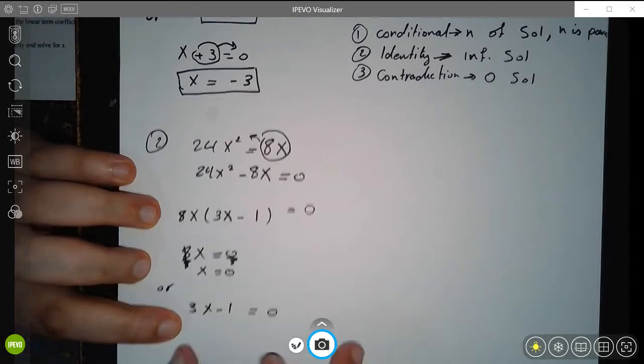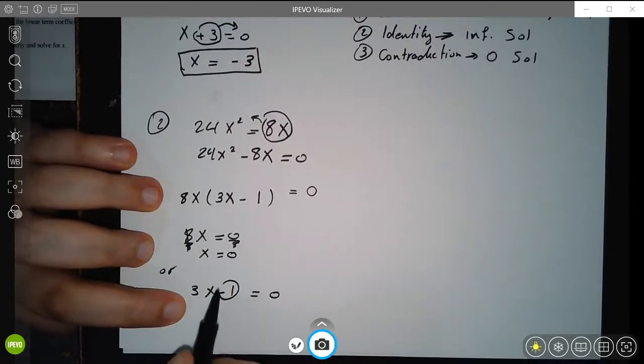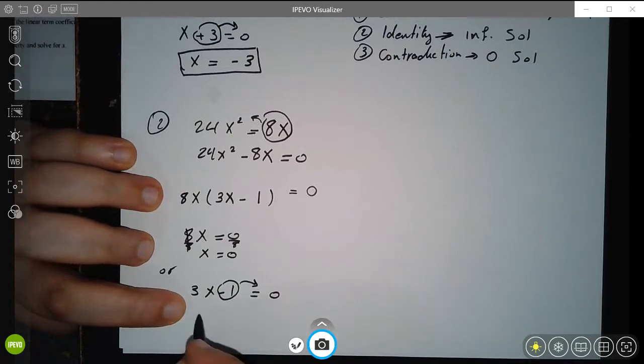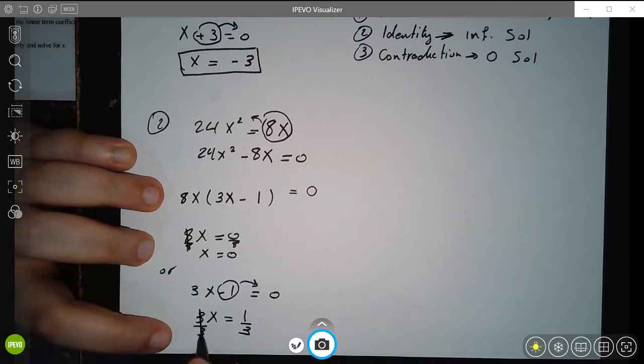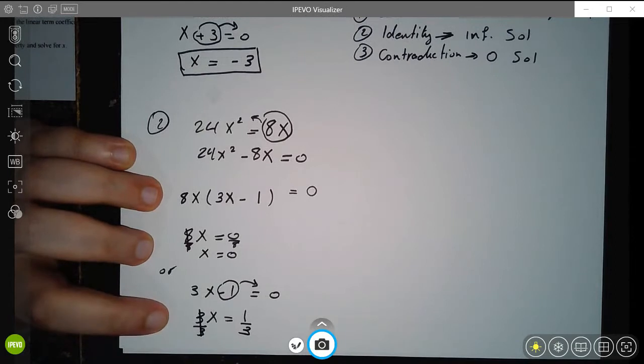Here, we solve. You grab the 1, and you move it to the opposite side. That gives you 3x equals positive 1. Now, divide by 3, divide by 3. These cancel, and x equals 1/3. So here's a question.